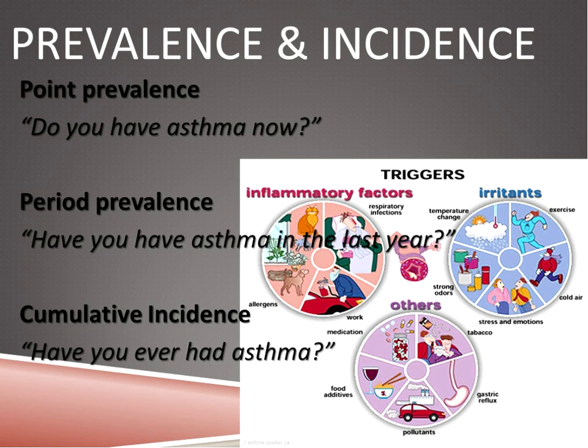Period prevalence: have you had asthma in the last year? Cumulative incidence: have you ever had asthma? Incidence would be new cases. Cumulative, ever. Period, last year. Point, right now.